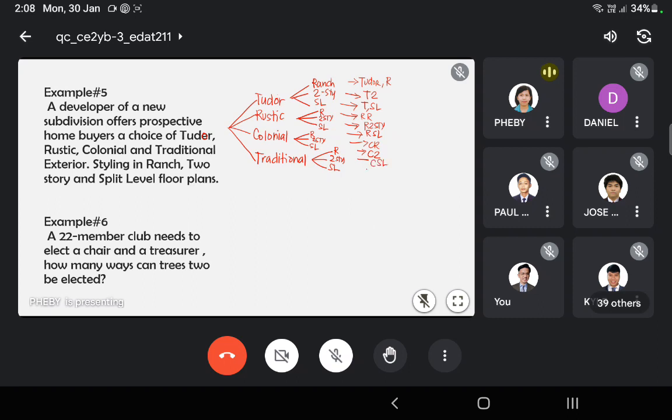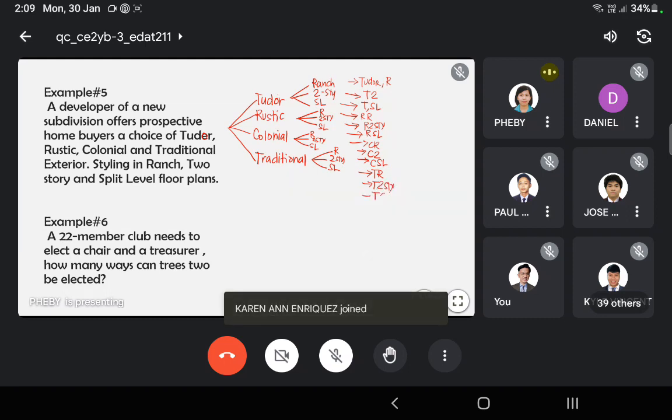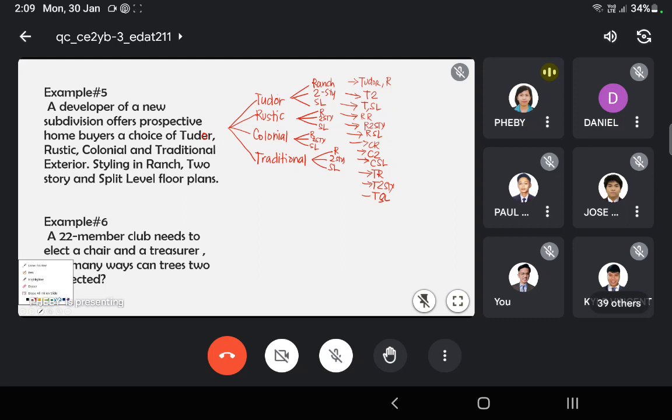And lastly, pwede rin maging traditional ranch, traditional two-story, and traditional split level. So, bilangin natin yung kanyang possible outcomes. So, 1, 2, 3, 4, 5, 6, 7, 8, 9, 10, 11, 12.